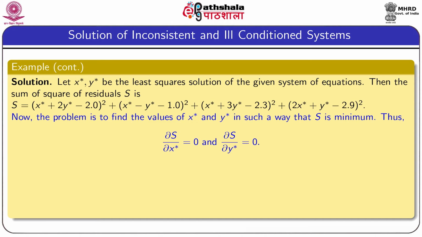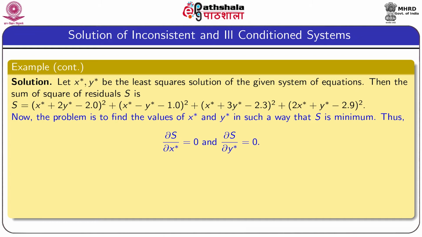Now the problem is to find the values of x star and y star such that s is minimum. So for this case the normal equations are del s by del x star equal to 0 and del s by del y star equal to 0.